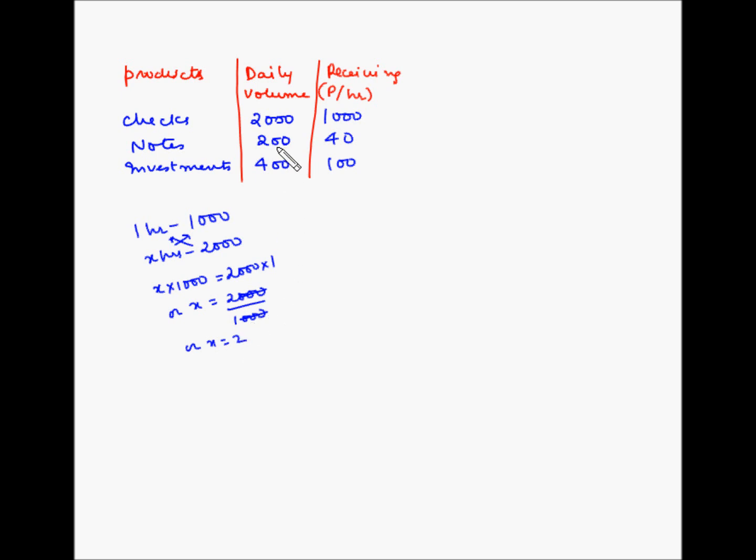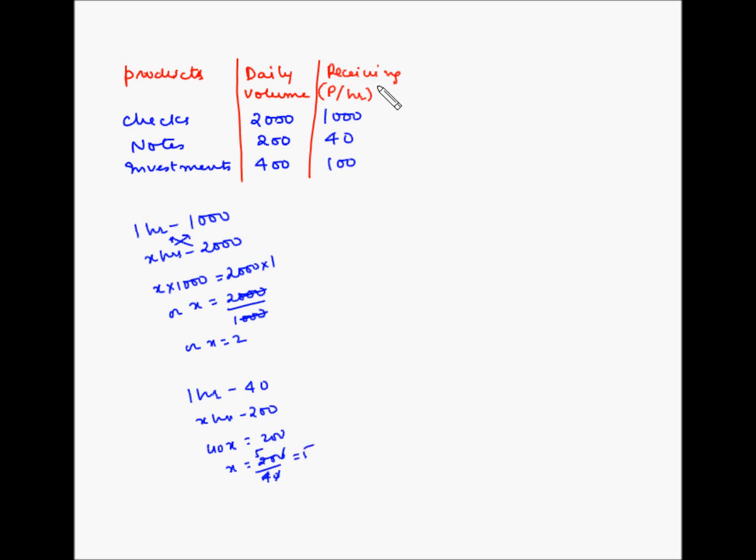Similarly, for notes, in 1 hour they can process 40 notes. So in X hours they can process 200 notes. So 40x is equal to 200, or x is equal to 200 divided by 40, which is equal to 5.